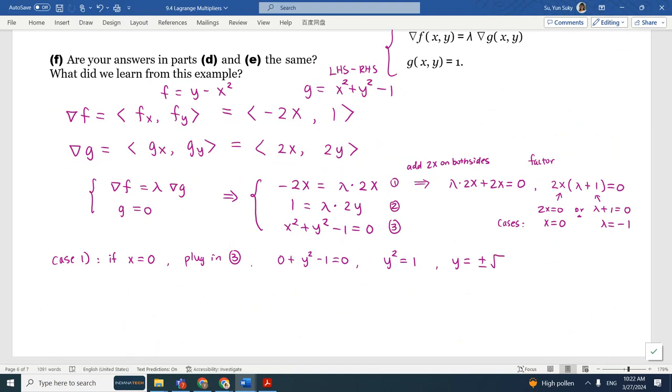Plus or minus the square root of 1. When you take the square root, you get plus or minus. Therefore, we get 2 points: (0, 1) and (0, -1). We have two solutions in this case.